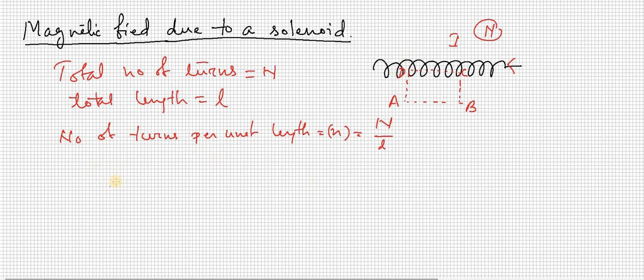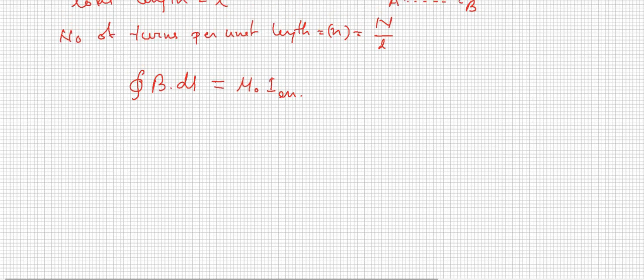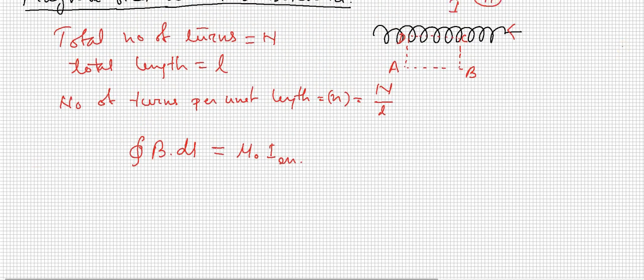As per the Ampere circuital law, we can write the closed line integration B dot dl is equal to mu naught times I enclosed.